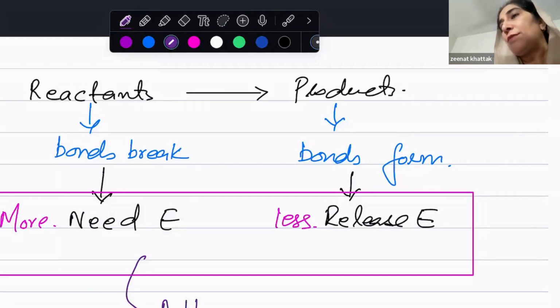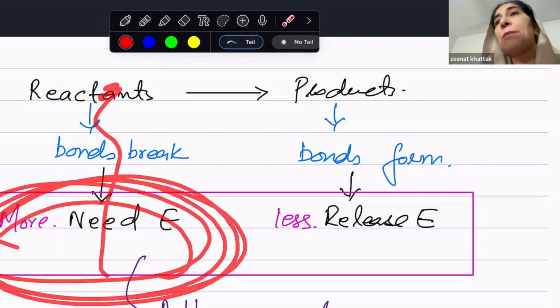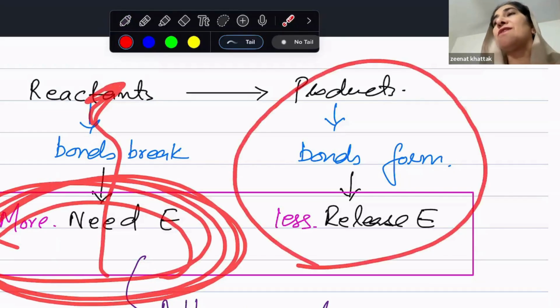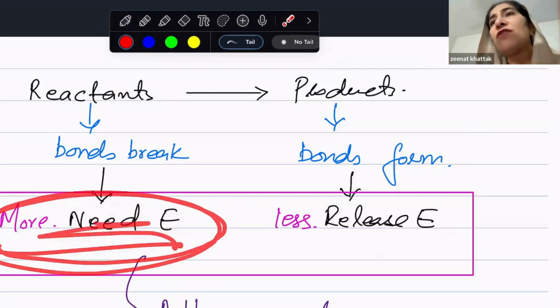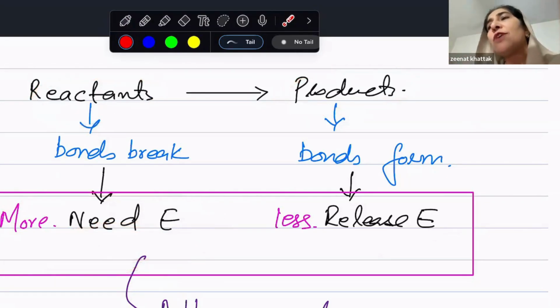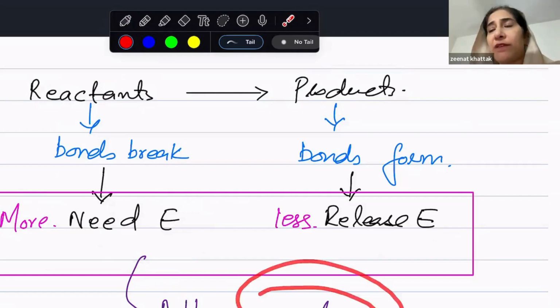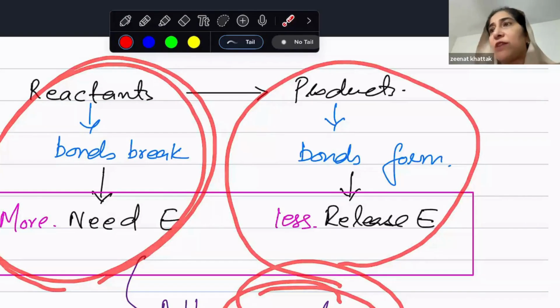Because the absorbed is more. The needed is more to break the bond and less is released. This shows that when they need more energy, they have stronger bonds and they release less energy because they have weaker bonds. So in all endothermic, keep in mind, the reactant have stronger bonds, the product have weaker bonds.